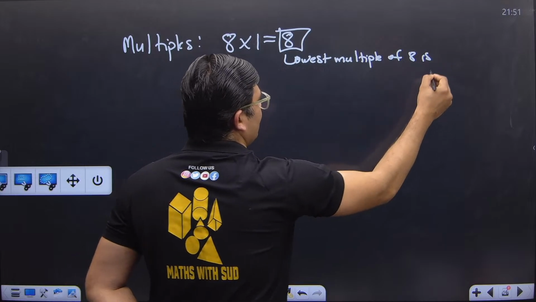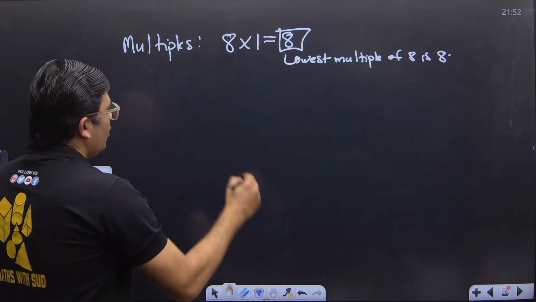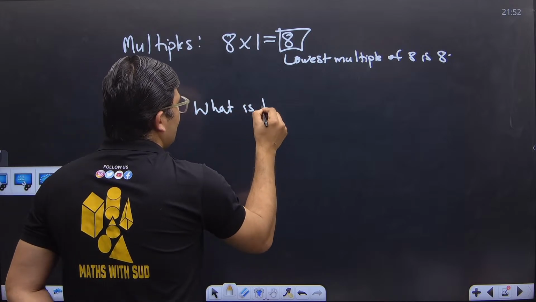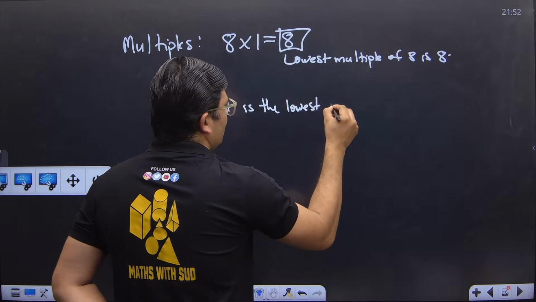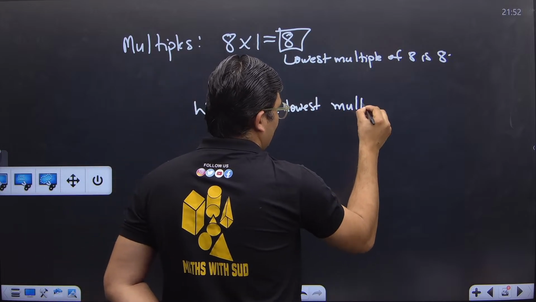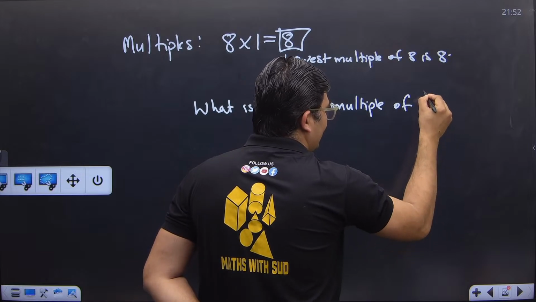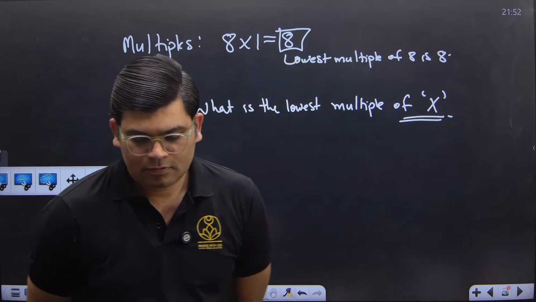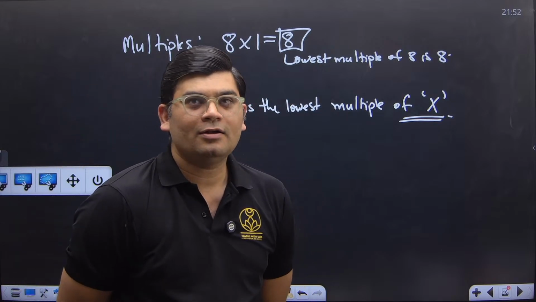It is 8. If I ask you what is the lowest multiple of x, a number x, what will it be? From where will it start?